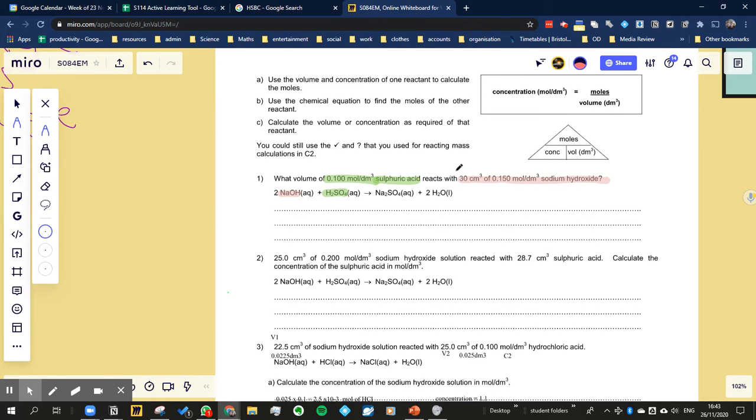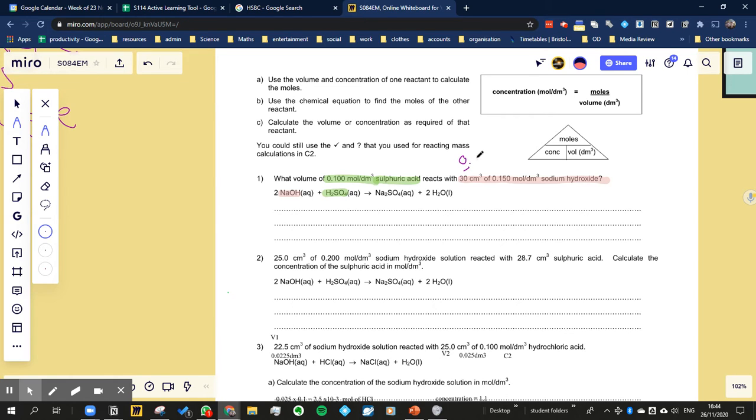Whatever volumes we have, we generally want to turn these into decimeter cubed, because the concentrations are in decimeter cubed, but the volumes are in centimeter cubed. You could turn the concentrations into moles per centimeter cubed, but it's a little more complicated. It's easier to do it this way, I think.